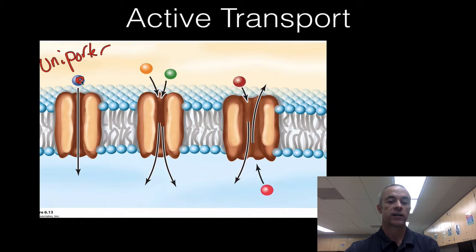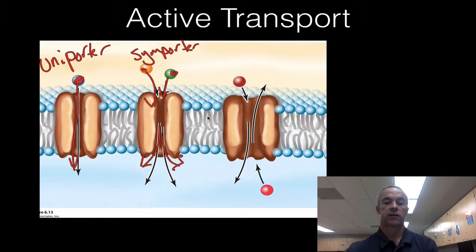It's moving one single thing in one direction. The next one is called a symporter. And now we've got two different molecules that are both being moved in the same direction. And the last one is called an antiporter. And we're moving two different molecules in two different directions.